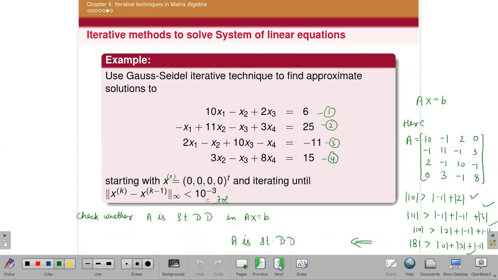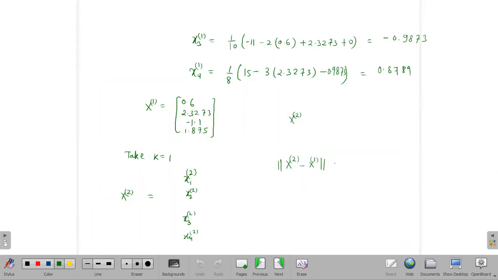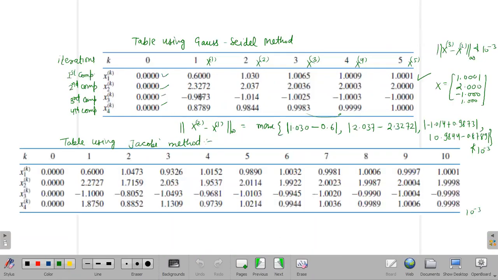If it is not less than 10 raised to minus 3, then you have to find the third iteration. In the table also you can see this is x1, this is x2. This difference is not less than 10 raised to minus 3, so you have to perform the third iteration, then the fourth iteration. So this will be the question.